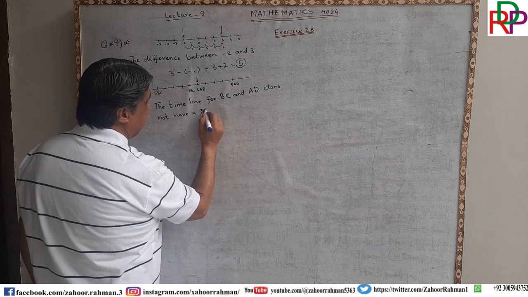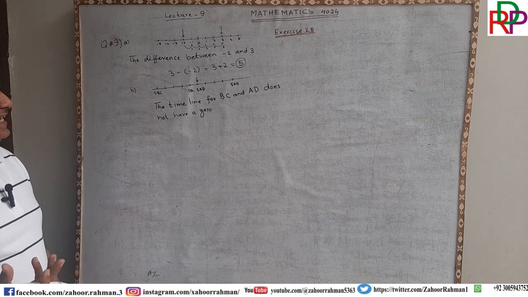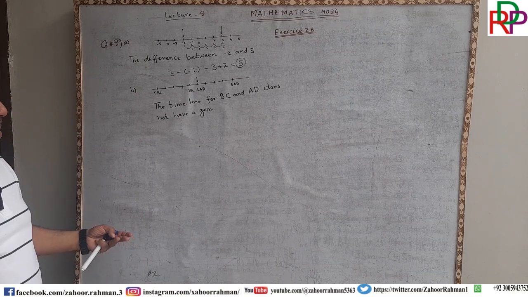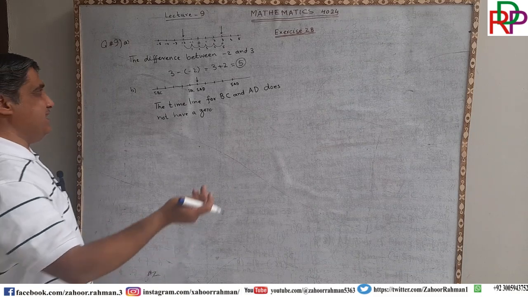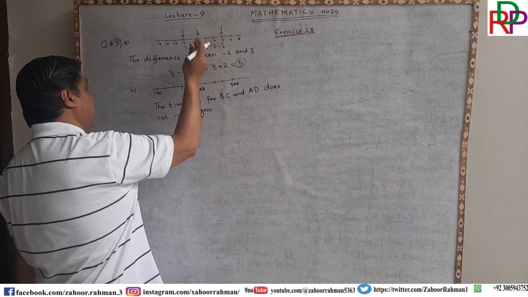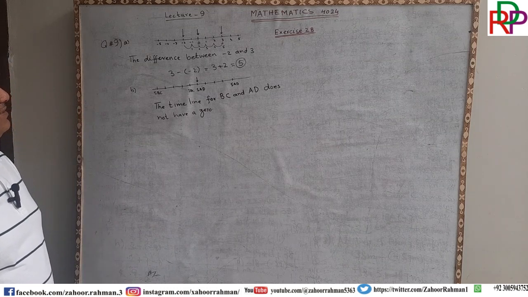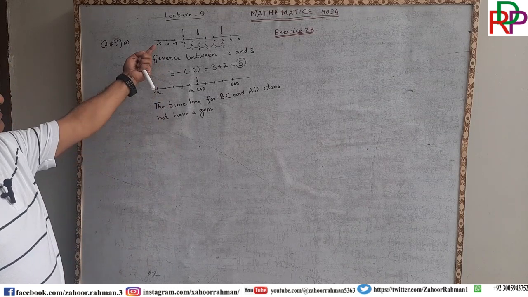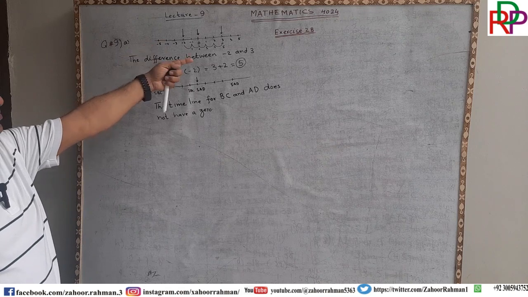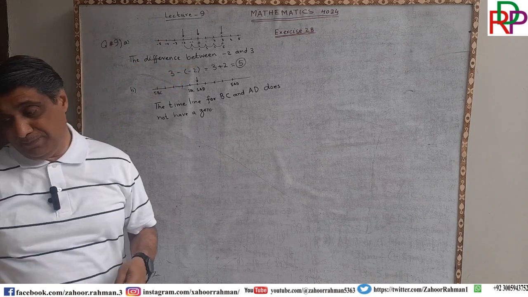So what we will take is positive and what we will take is negative. In the number line there was zero, so on the negative side it is a negative number, and on the positive side it is a positive number.